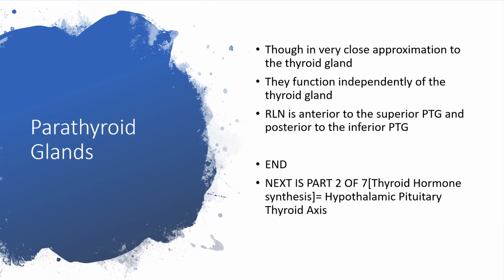Have you heard about the hypothalamic-pituitary-thyroid axis? Don't worry. How come the brain is controlling the pituitary gland, and the pituitary gland is controlling the thyroid gland, and then we're having the hormones affecting us positively or negatively? And all these things will come to light in the next few presentations.